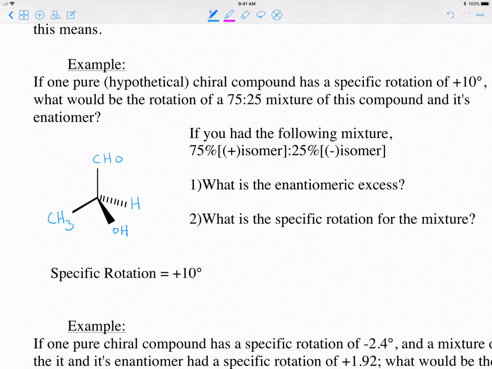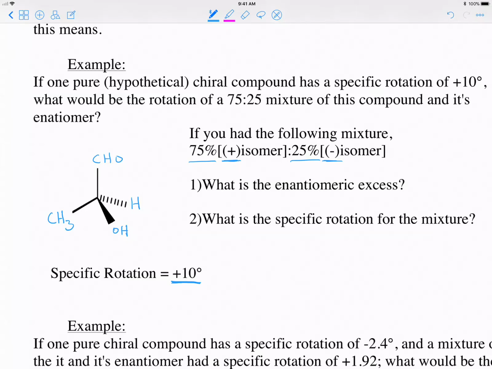And let's say this compound rotates light plus 10 degrees, or dextrorotatory by 10 degrees, if I measured it under standardized conditions. Well, what would happen if I had a 75-25 mixture, where 75% of my compound was this compound right here, and 25% of it was the mirror image?